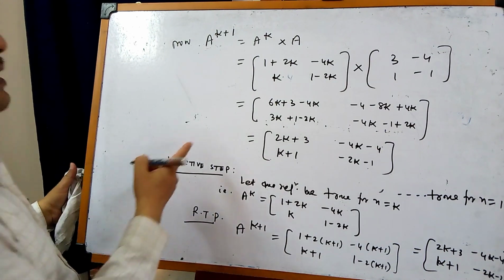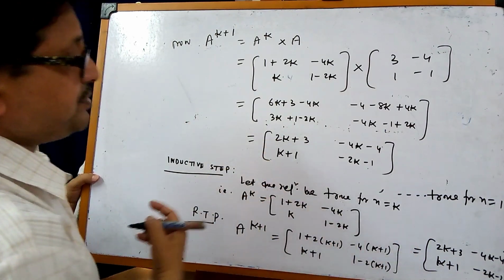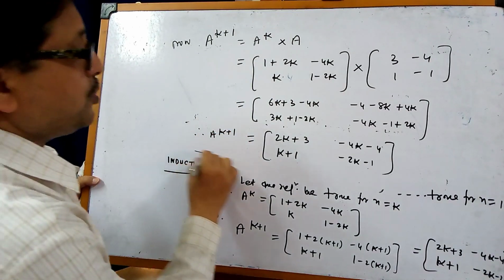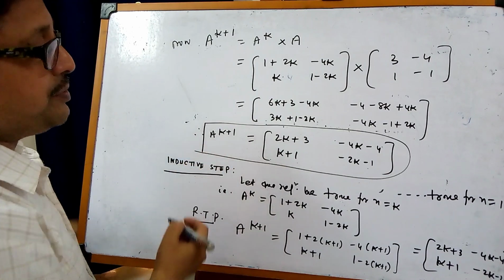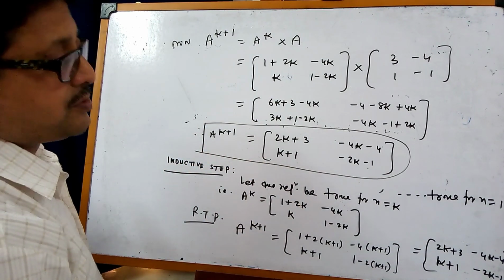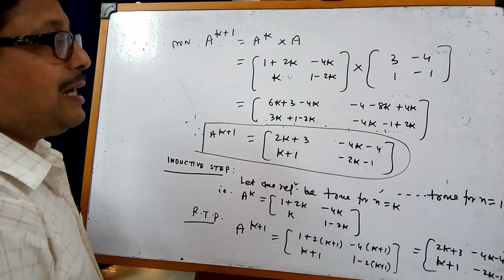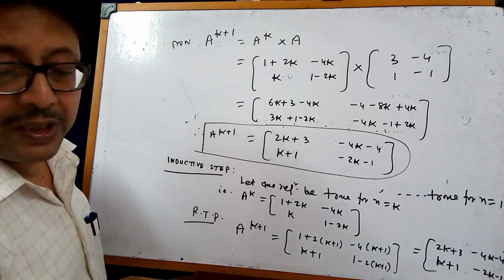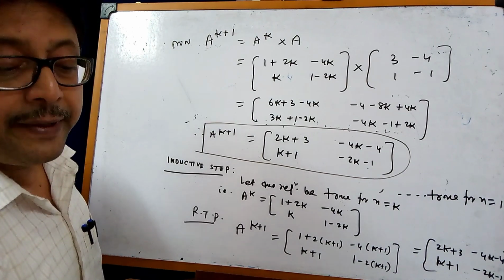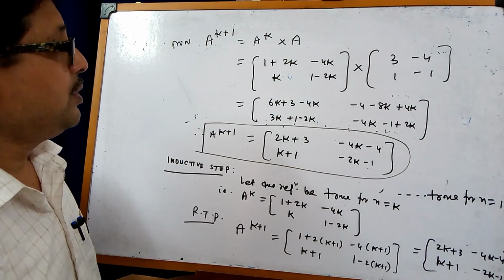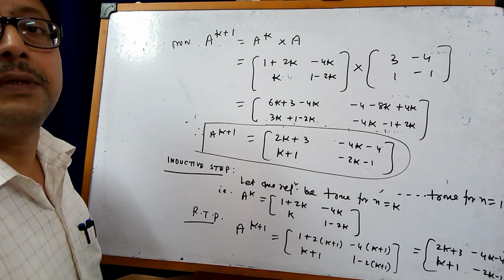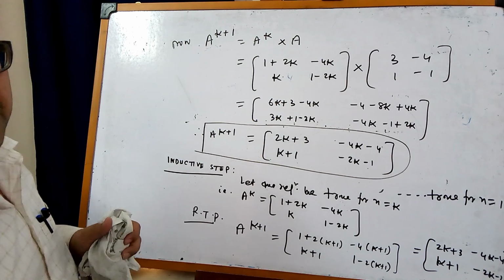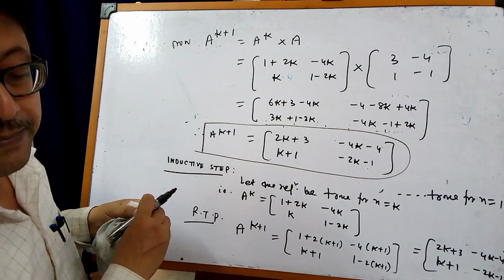So you can see that for A to the power k plus 1, we got the form which we expected to get here. So if the relation is true for n equal to k, it is true for n equal to k plus 1 also. And by mathematical induction, we conclude that the given relation is true for all integral values of n. Hence the proof. This is sum number 3 in the miscellaneous exercise of chapter 3.